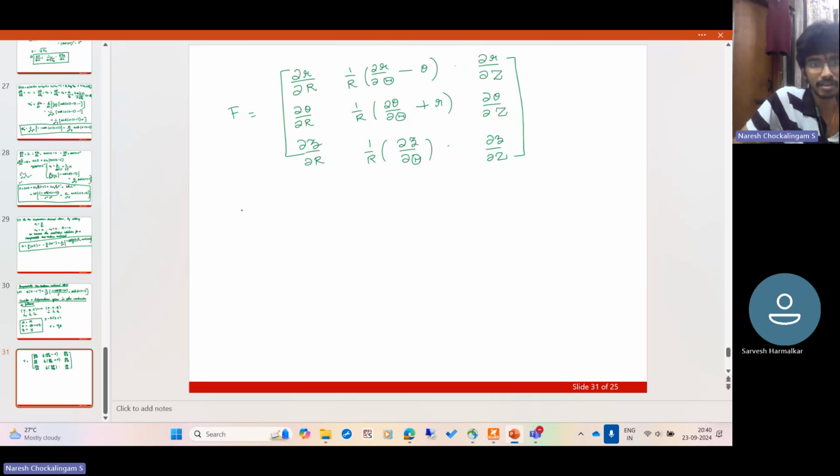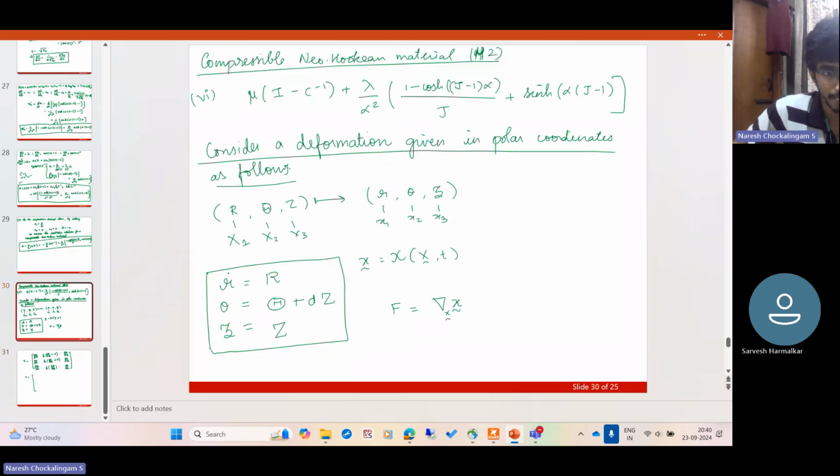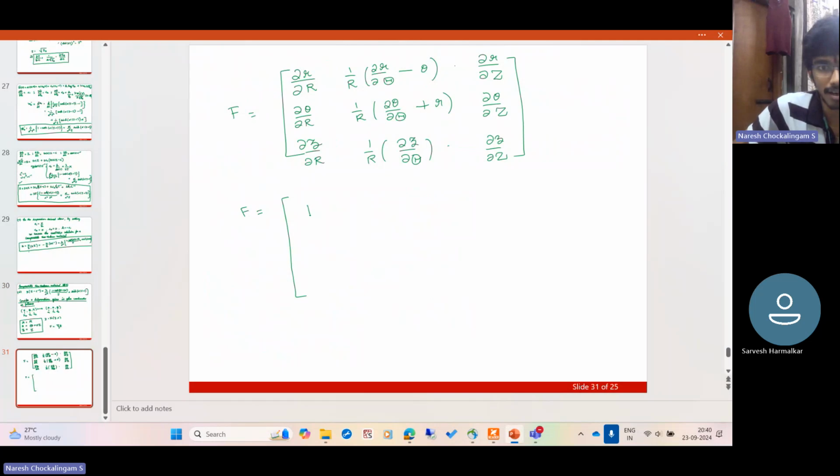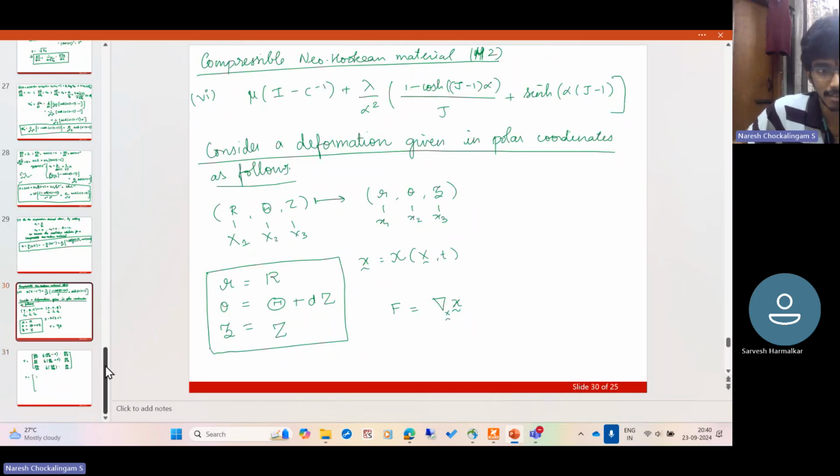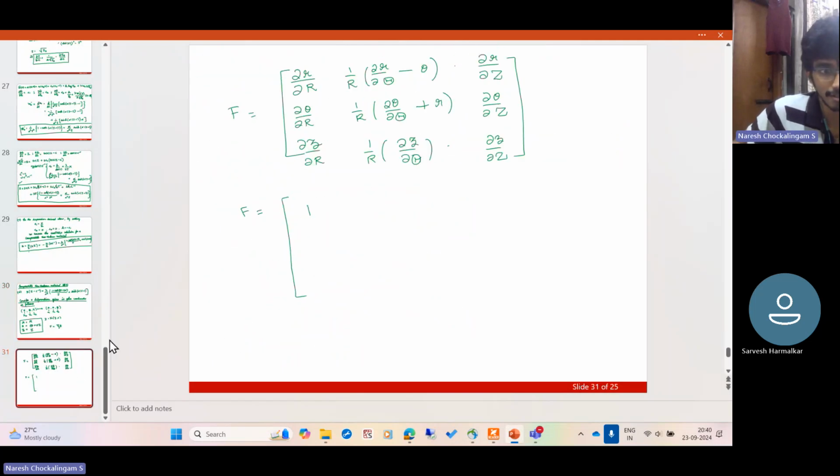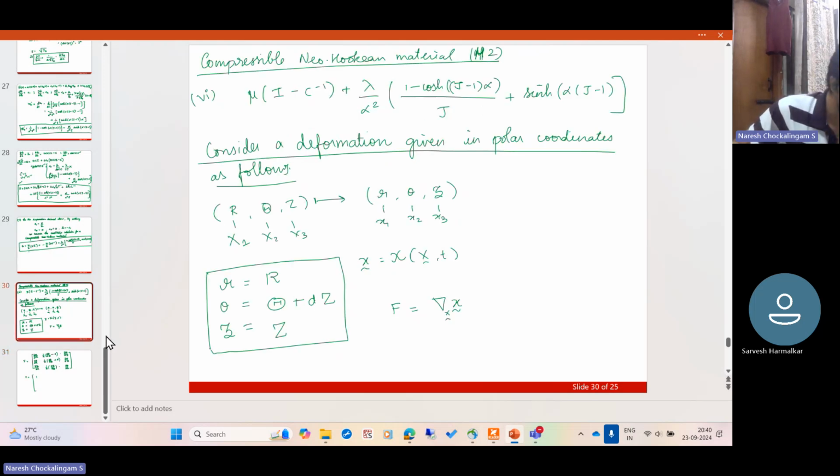So in our case, if we compute the deformation gradient, what is dou small r by dou capital R? It is 1. Small r does not depend on theta, and then you have a minus theta.